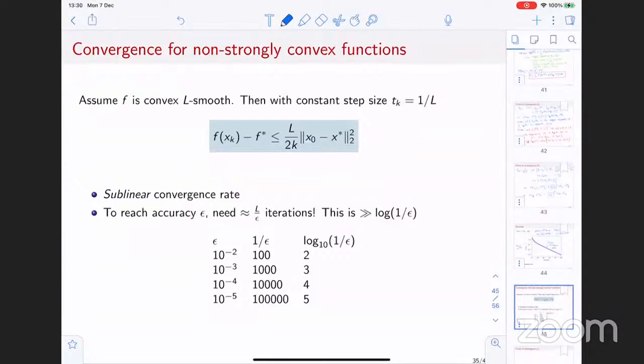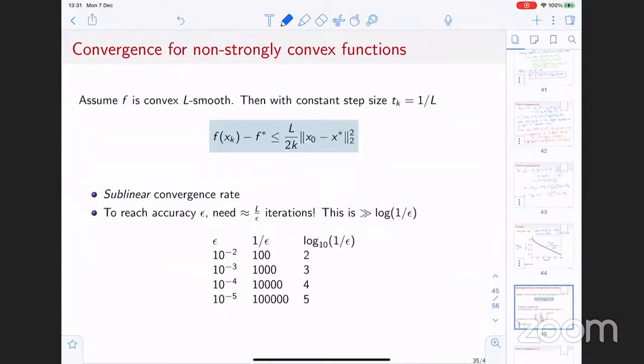If your function f is convex and L smooth, so I don't assume anything about strong convexity, I just assume that it's L smooth, meaning that all the eigenvalues of the Hessian are at most L, then with a constant step size, which is 1 over L this time, so we don't have the mu, it's just 1 over L.